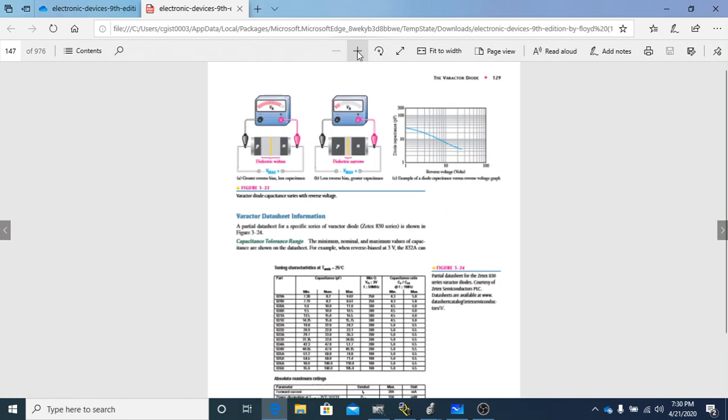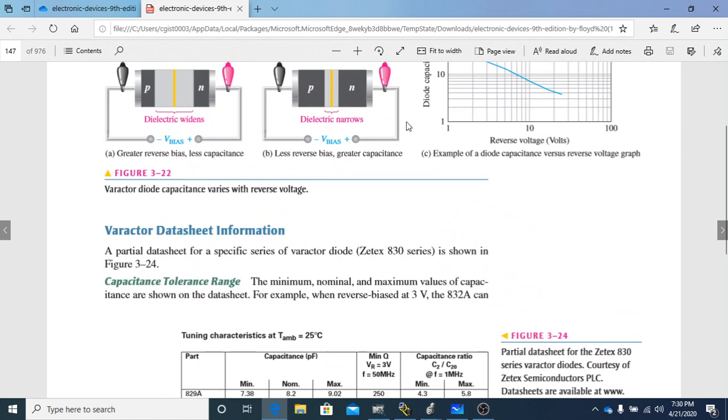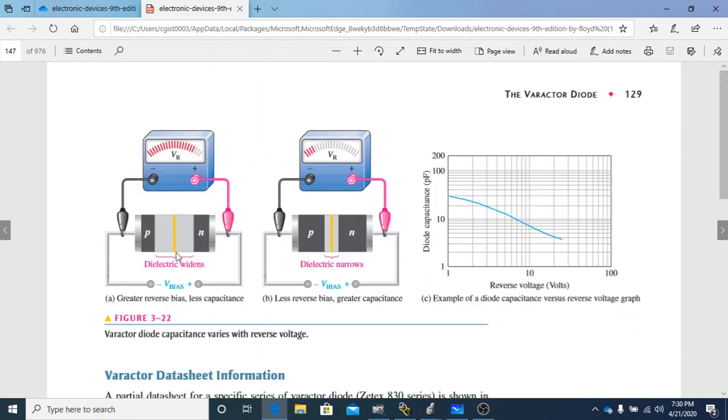So if we go to this page, this is what it's talking about. Greater reverse bias, less capacitance. As you see, the VR goes up, so the reverse voltage increases, then this dielectric widens, which means there's bigger separation between the plates.